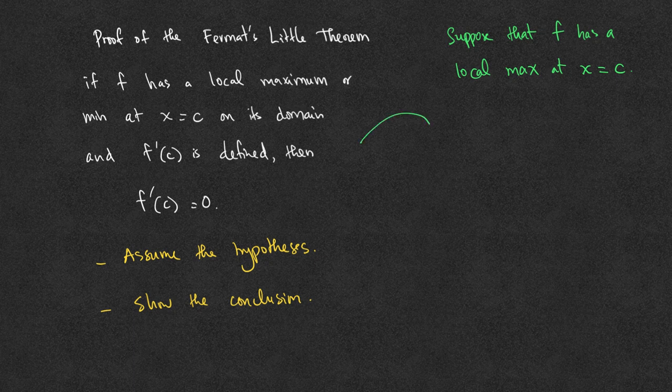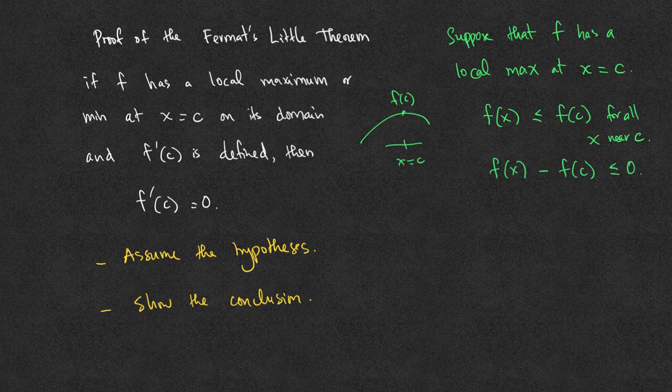By the definition of the local maximum of the function f of x at x equals c, where f of c is the highest point, it must be true that f of x is less than or equal to f of c for all of the x near c. What this means is that near c, f of x minus f of c is less than or equal to 0.